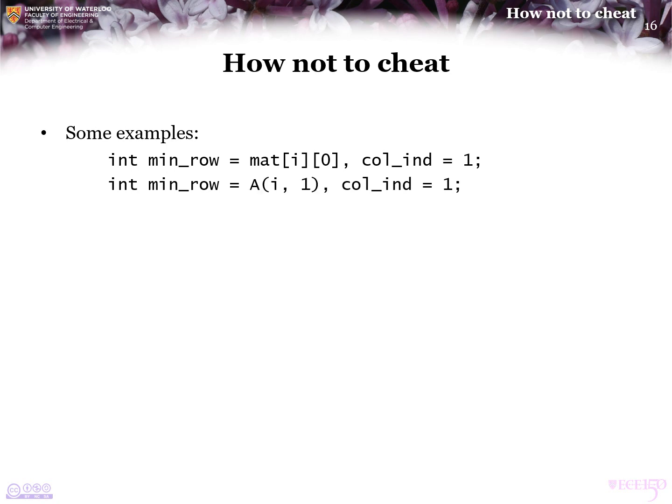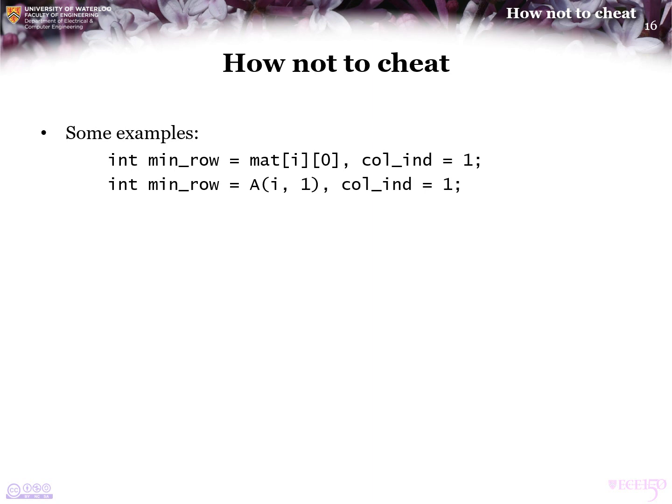Here we have one genius who was smart enough to replace the access to matrix entry I0 with the matrix entry I1. Notice, however, that even though this is returning a double, the local variable minrow is nevertheless still of type int.